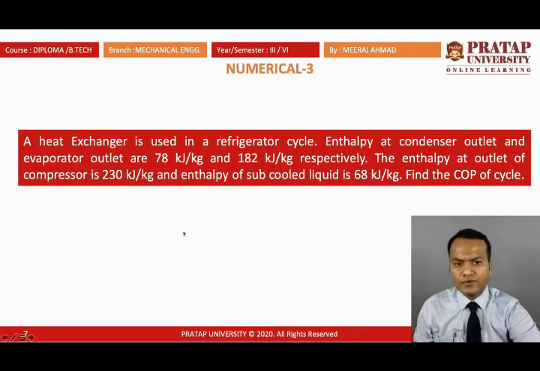Now we are going to introduce a heat exchanger in the VC cycle. So the heat exchanger is used in the refrigeration cycle. The enthalpy at the condenser outlet and evaporator outlet are 78 kilojoule per kg and 182 kilojoule per kg respectively.